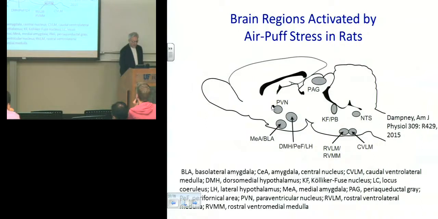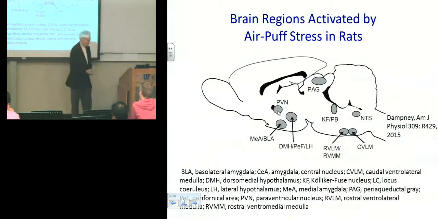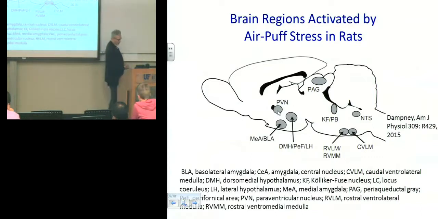A couple of hypothalamic regions, the paraventricular nucleus, which is known to strongly influence autonomic function, but activating neurons there also has strong respiratory effects. Dorsomedial hypothalamus and the perifornical region of the hypothalamus, as well as the amygdala, that output nucleus for the emotional motor system or the limbic system.